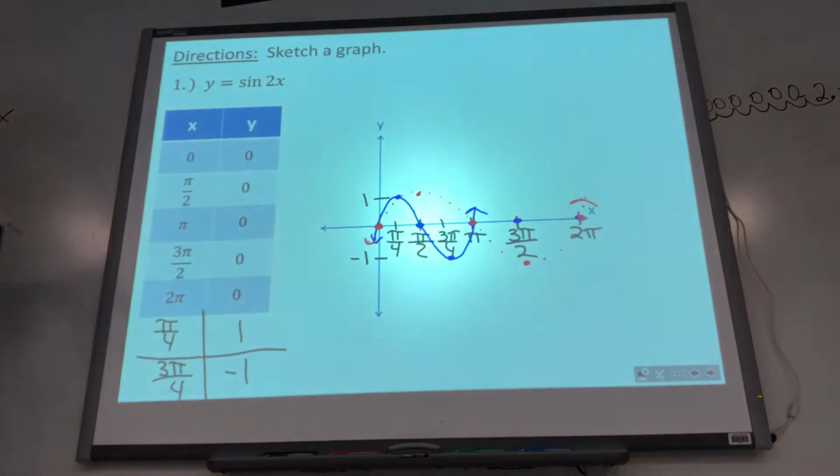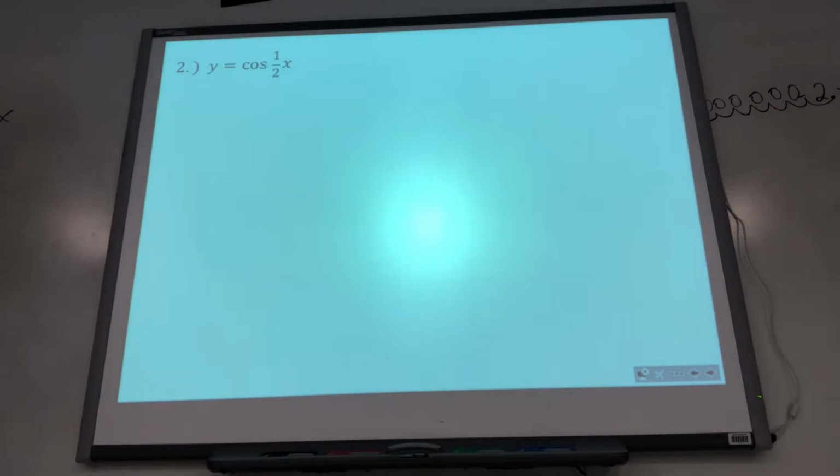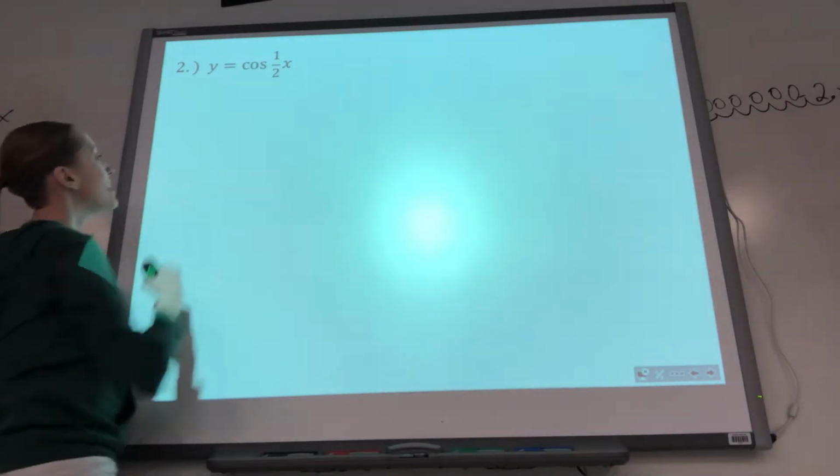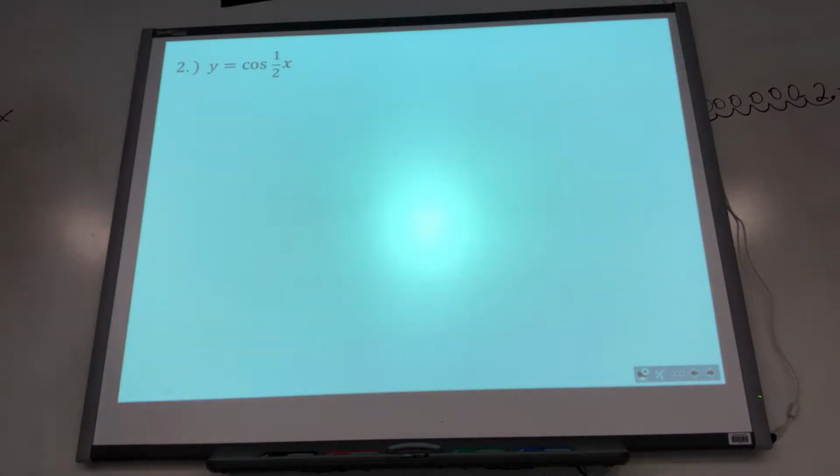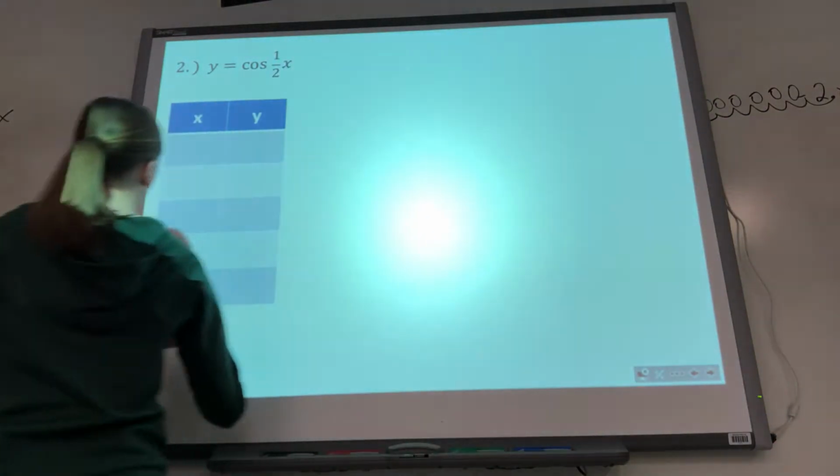All right, I'm going to try one more with cosine. And the number in front of x this time is a fraction. So, bless you. This will do something even more different to our graph. It says y equals cosine of 1/2 x. The 2 scrunched it up, so for the 1/2, I already have an idea.